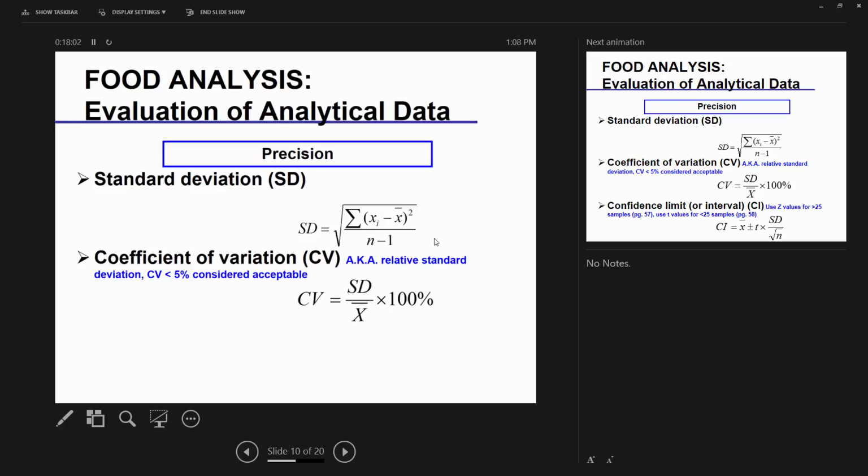Then you got another sample. Let's say you have soy protein isolate product, and you determine protein content using a Dumas method, which you will learn in the lab. So you got 92%, and you got a standard deviation of 2.76. All right, if you compare here and here, which method is more precise?